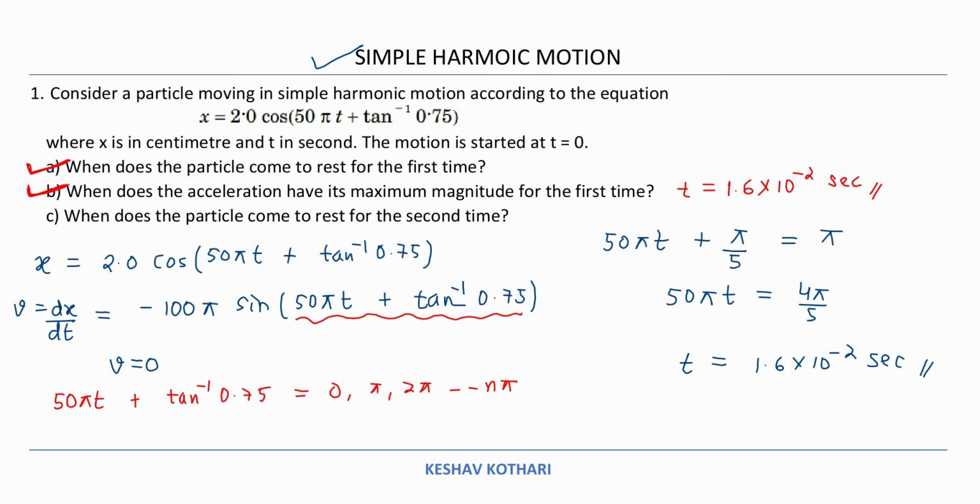Now the next part which is asked is when does the particle come to rest for the second time. Here you need to understand this particular aspect. If I consider that this is the mean position of the particle, this is plus a, and this is minus a, the particle executing SHM will move in a way like this. This is one complete time period, which we regard as the total time period capital T, which in our case can be calculated in this way.